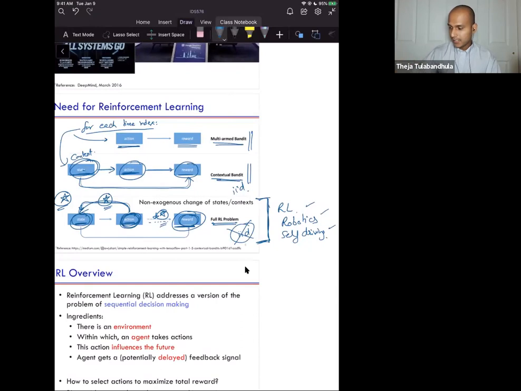Okay, contextual bandit we already saw, right? So here, all I'm saying is a user comes, like think of the MSN example from before. A user comes with a user profile, that's the state. You take an action, show a bunch of articles, and they click on something, right? And then you assume that the interaction ended. They clicked on something, that was the end, and you think of the next interaction being a new user coming to your same website and you showing a bunch of articles, again getting a reward and so on.